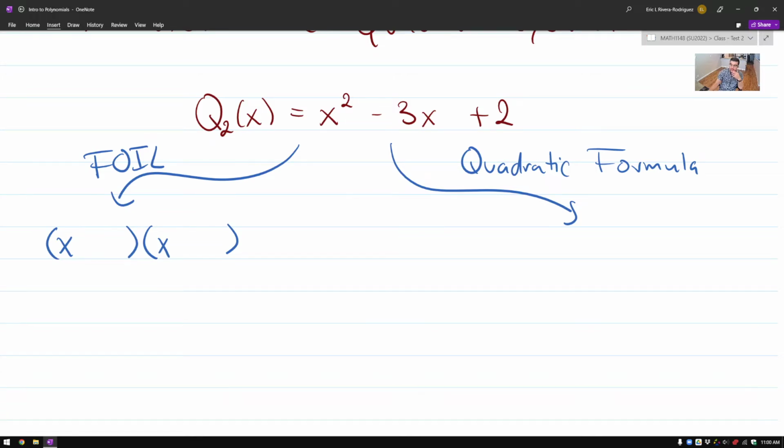Okay, so we need two numbers that we multiply, and we get 2.